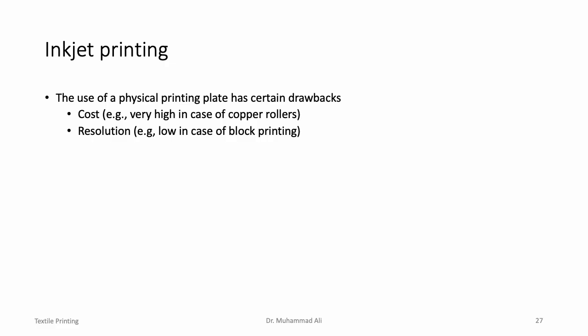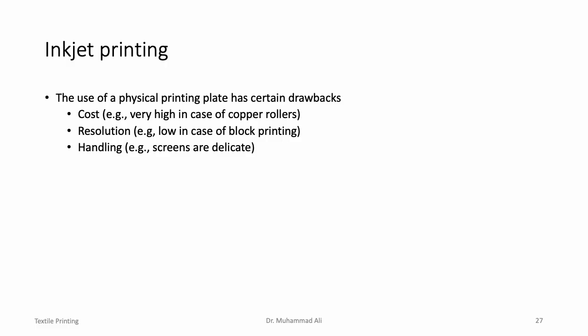The other problem that originates is the resolution. So for instance, we can produce blocks of certain fineness. Even with the most skilled worker, it is possible to produce fine designs, but of course there are limits to that as well. So due to this printing plate, the resolution could be limited. And then the third problem related to use of these physical printing plates is that of handling.